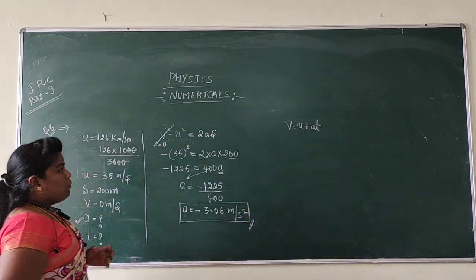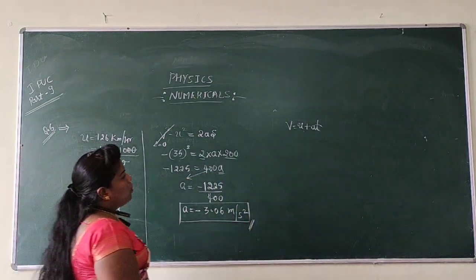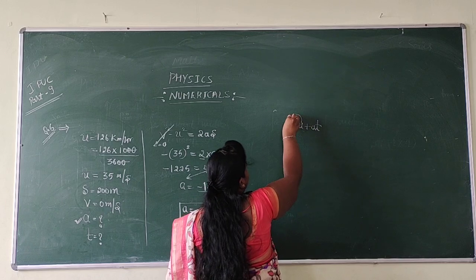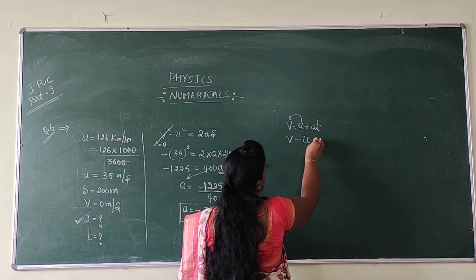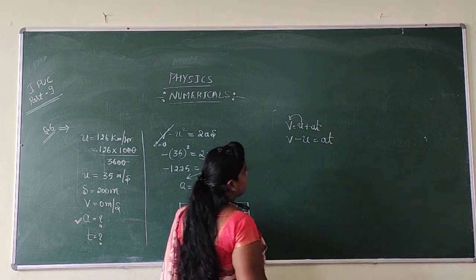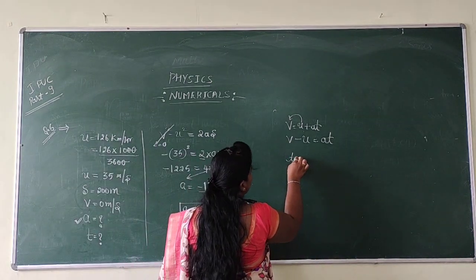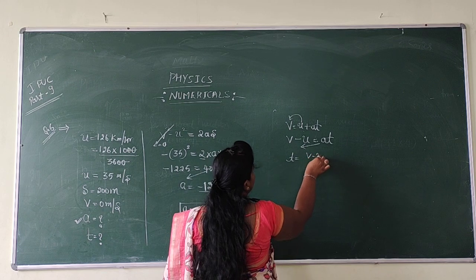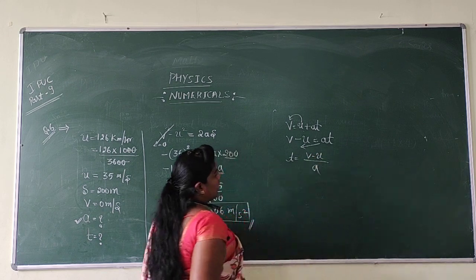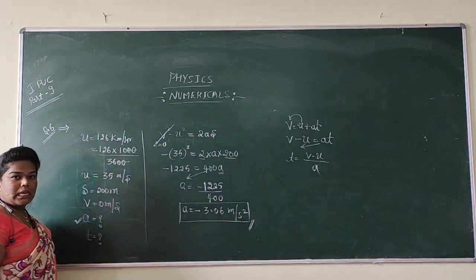I want to calculate the time. If I shift plus u to this side, it becomes v minus u is equal to a into t. Now finally t is equal to, shifting a to this side, v minus u by a.